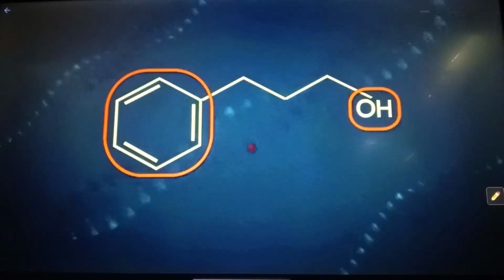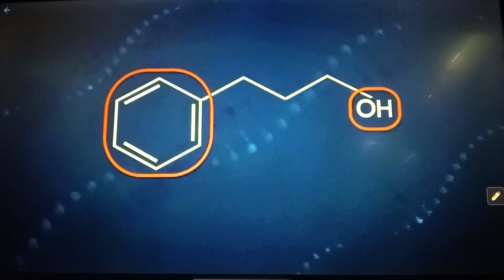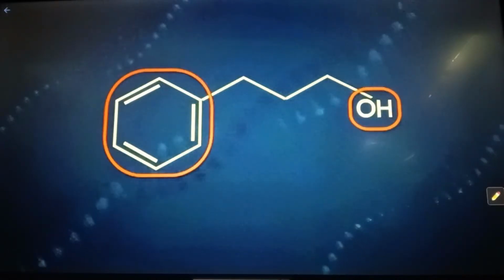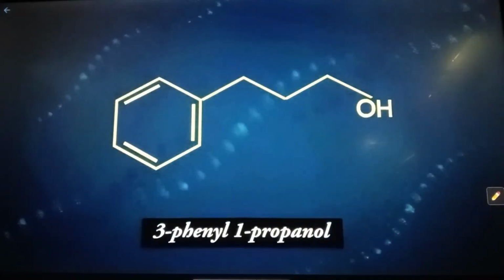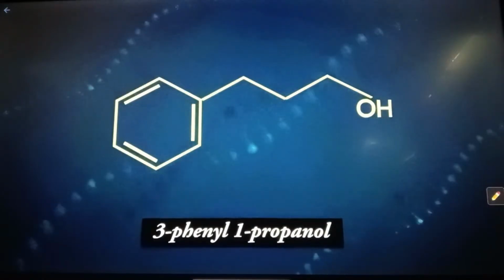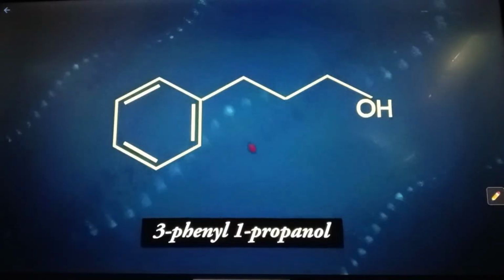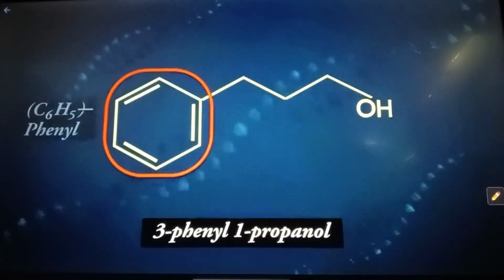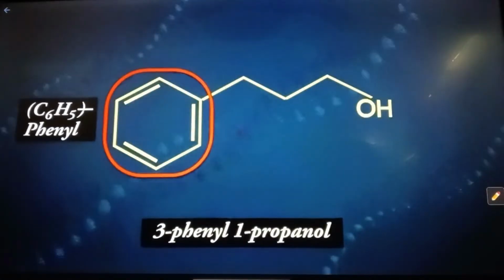For example, in this case, the alkane with the functional group OH will have phenyl group as a substituent. The naming of the compound will be 3-phenyl 1-propanol. It is important to note that the name for benzene as substituent is phenyl, C6H5, also abbreviated as Ph.